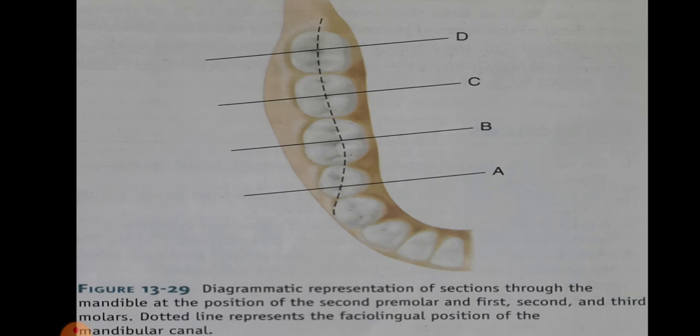In terms of vertical position, the foramen can be found coronal to the apices 22% of the time, at the apices 15% of the time, and below the apices 63% of the time.